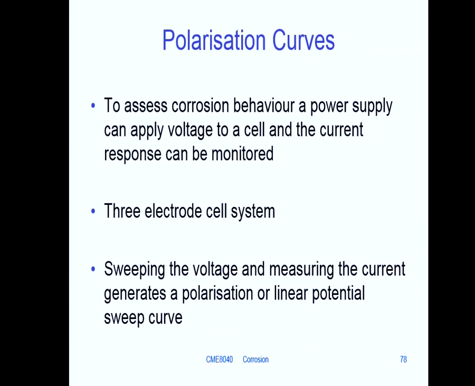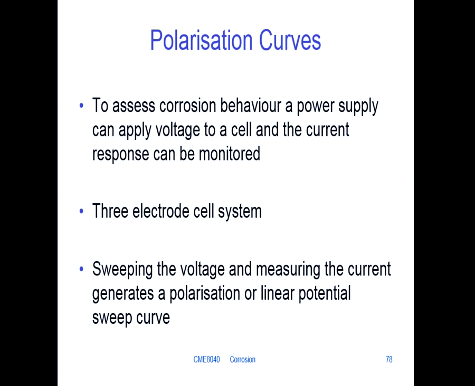And so you'll see shortly that there is a technique for looking at how materials behave at different sweep rates. So we sweep the voltage, measure the current, and that gives us our EI curve.